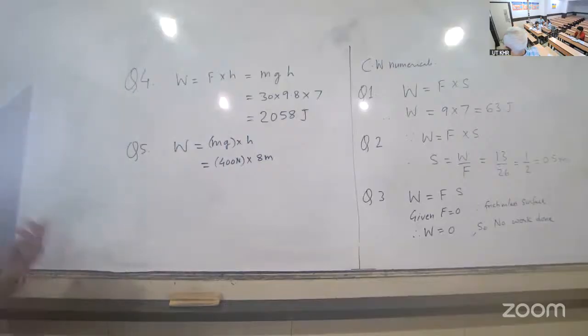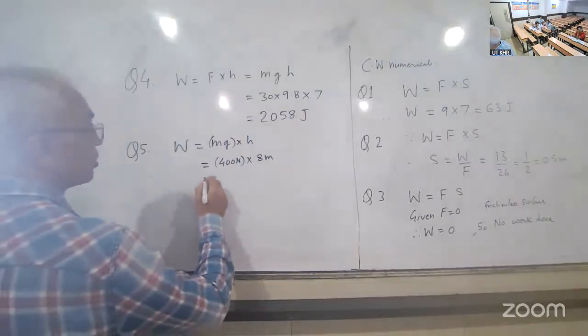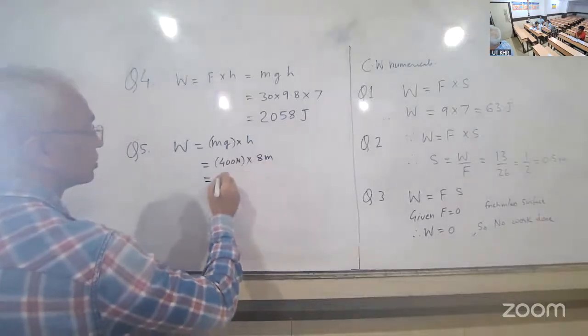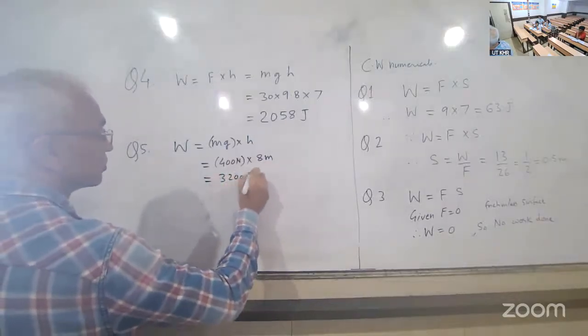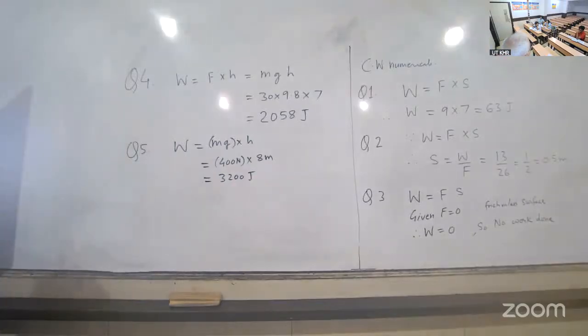So the person is lifting himself 8 meter up. So weight given means mg is given to you. Everybody understood?